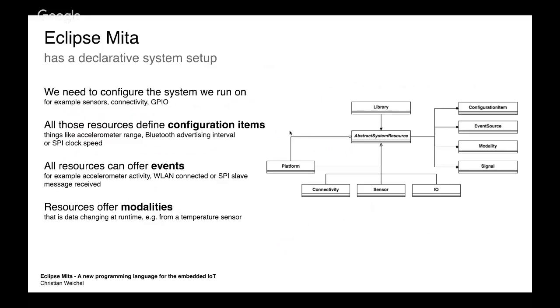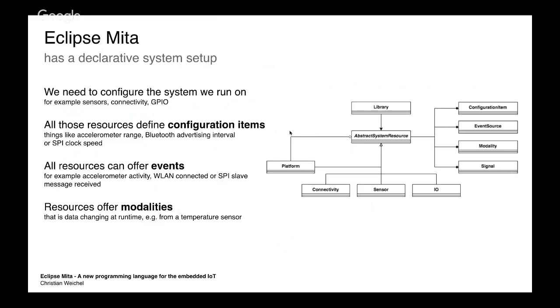Exactly, sensors, connectivity, etc. And those resources have configuration items. We've seen that earlier in the quick demo where I set up the Bluetooth resource and there was an advertising interval or a device name configuration item which I could set up on Bluetooth. All of those resources can also offer events.